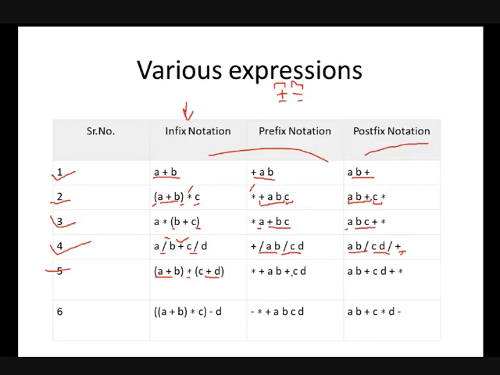The next example is a plus b into c minus d, and you have nested parentheses here, so you need to be careful about it while handling such expressions. So a plus b should be applied first, and it doesn't matter what the precedence of the next operator is. The operators in parentheses should be computed first.